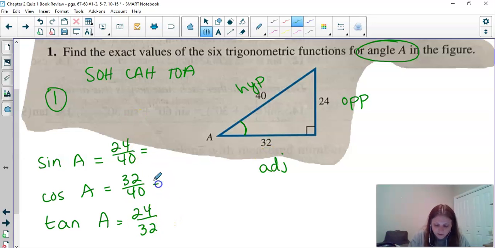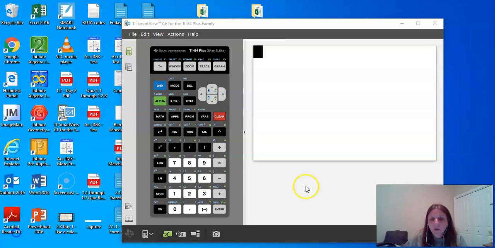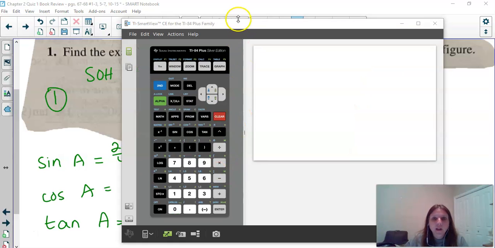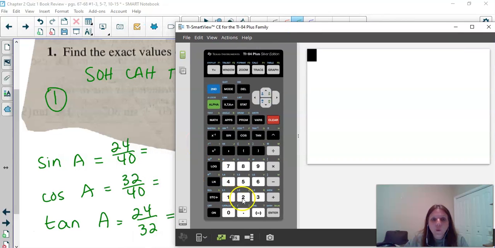Okay, now all of these can be reduced, and I'm going to show you a quick way to do that on the calculator. You could reduce this fraction by dividing out any common factors, like they both look like they divide by 4. Another quick, easy way to reduce these is just to divide it out in this calculator. So you would take the 24 divided by 40, hit enter, and then you press math.